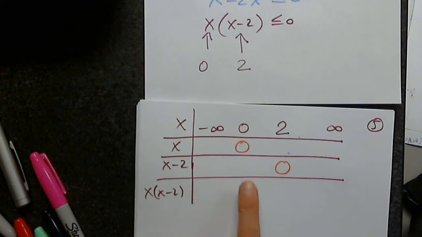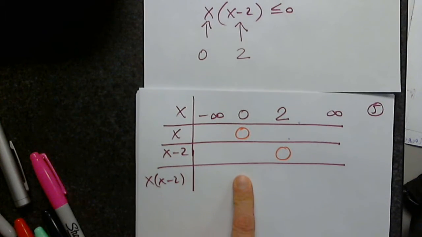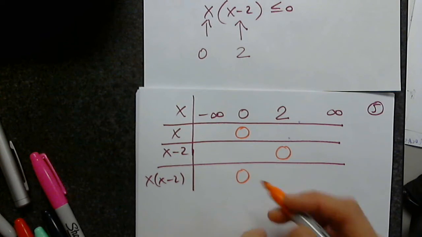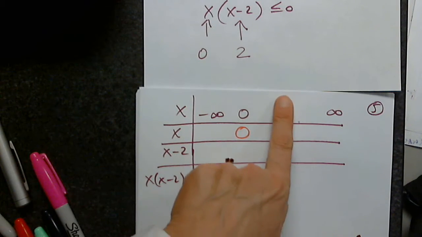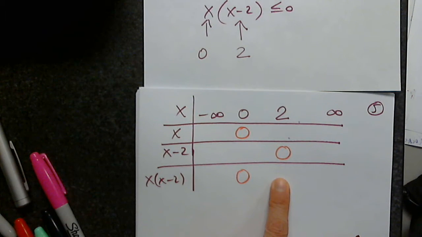What happens to the entire product when x is 0? Of course, when one of the 2 factors is 0, the product will be 0. Correct. What happens under 2 for the product? 0. Now I have to analyze what I always analyze with x and x minus 2. Because they're linear functions, look at each individual portion, right?